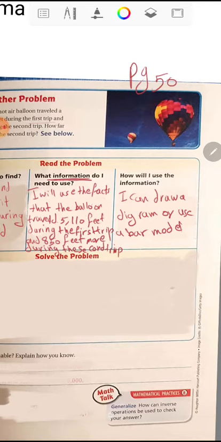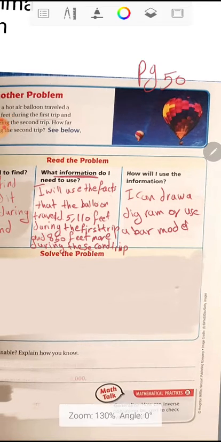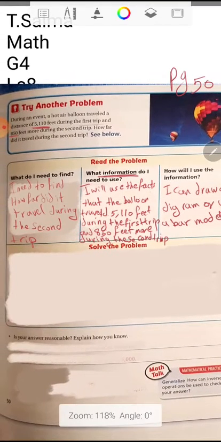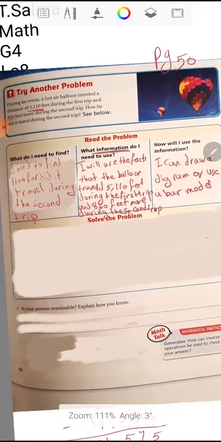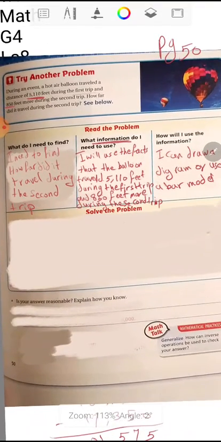Now these are the questions that I have to answer to understand the problem, to understand what I have to do, what I need to know, what I will use, and what is the strategy that I will use.